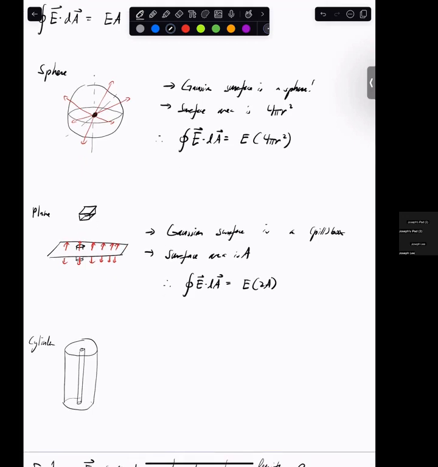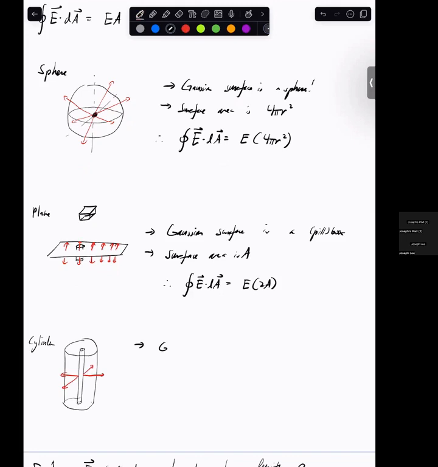So finally, let's go to cylindrical symmetry. This is like the infinite wire. I've drawn it not on the face side cut, but a little more 3D, where the electric field is permeating through the sides like this, and I guess also through that.